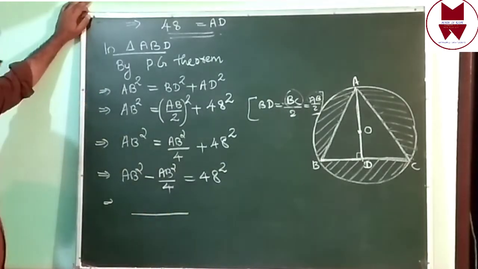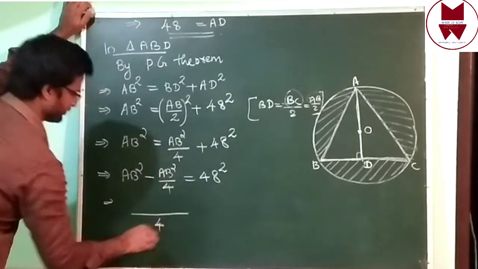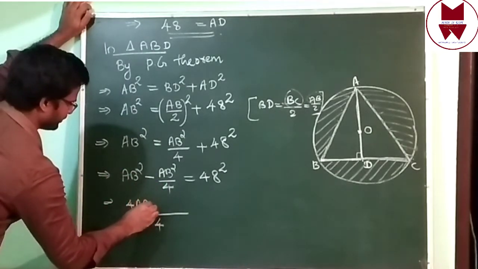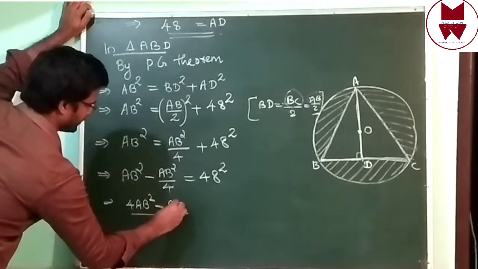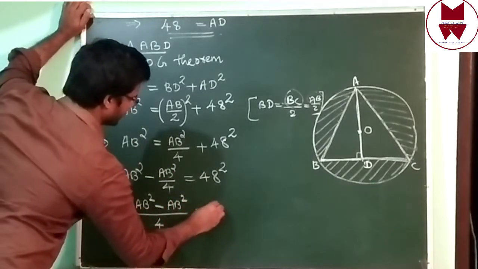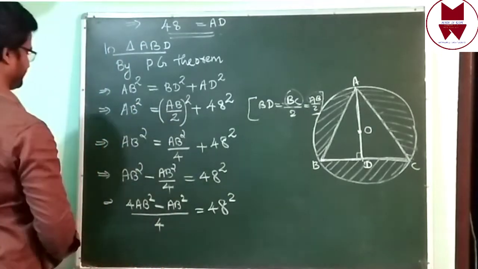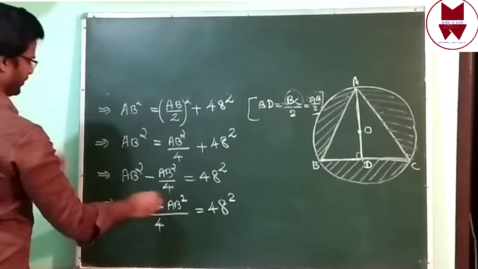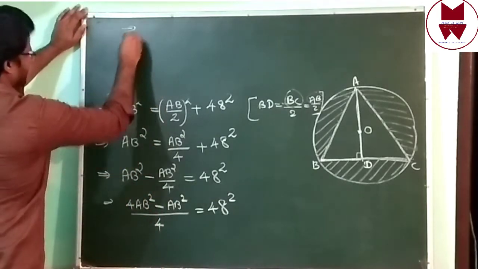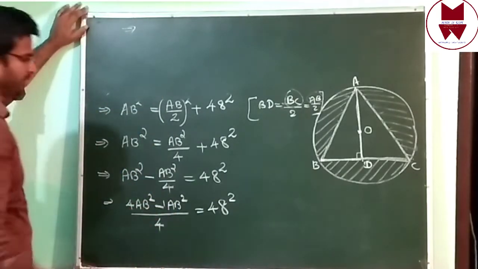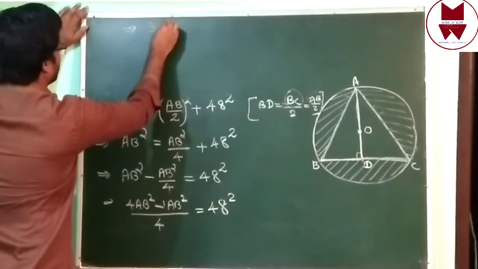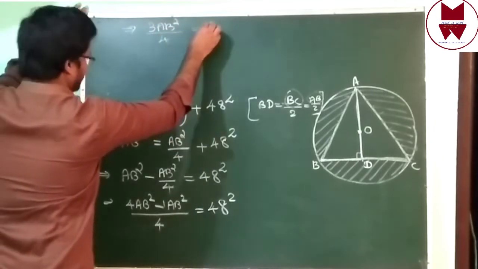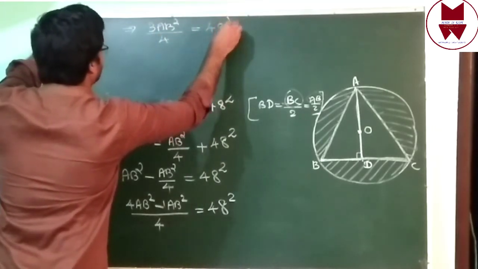Take the LCM, which is 4. Then 4 AB square minus AB square equals 48 square, all divided by 4. 4 AB square minus 1 AB square is 3 AB square divided by 4 equals 48 square.